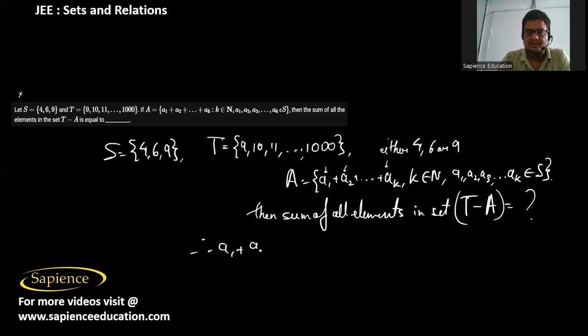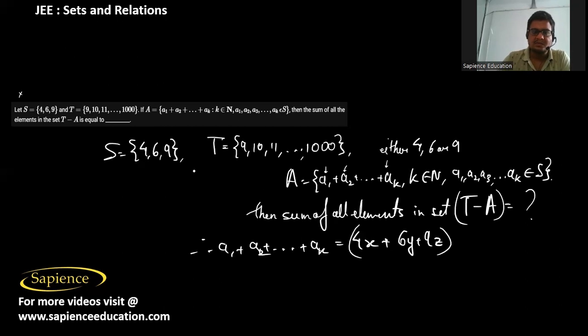Therefore this sum, a1 plus a2 plus till ak, can be written as 4x plus 6y plus 9z, since there are only three elements in the set S.